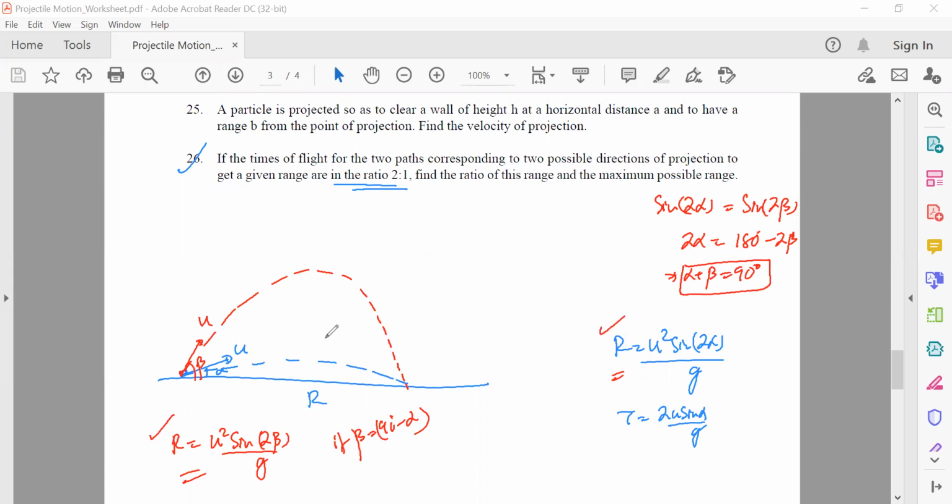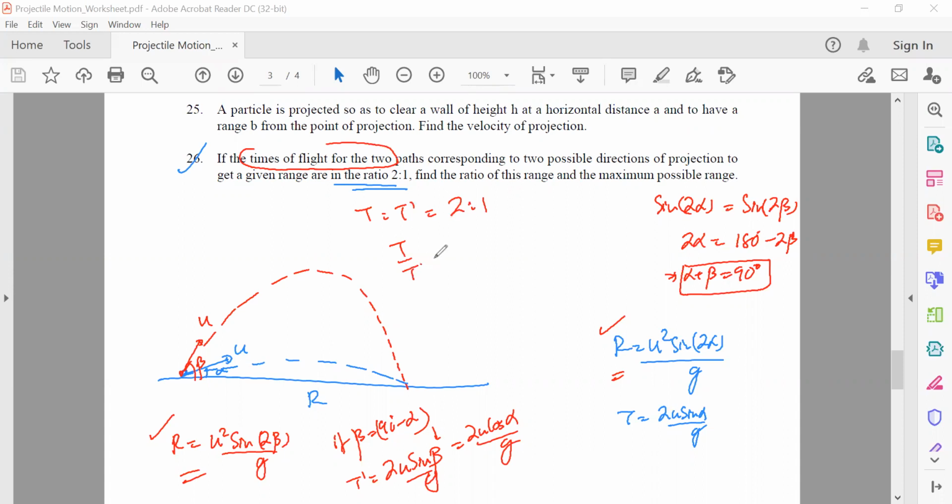Okay, because it's going to a larger height, so the time will be 2u sine beta divided by g, which according to this will become 2u cos alpha divided by g. So the ratio of these two times, okay, because the ratio of time of flights is given, so t is to t prime is given as 2:1.